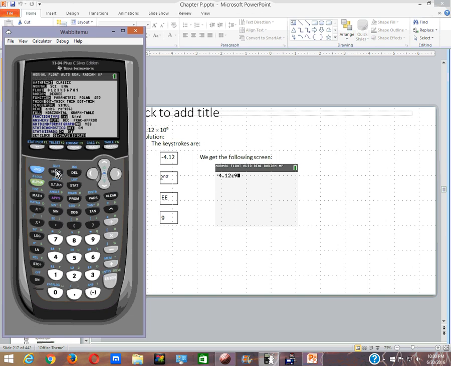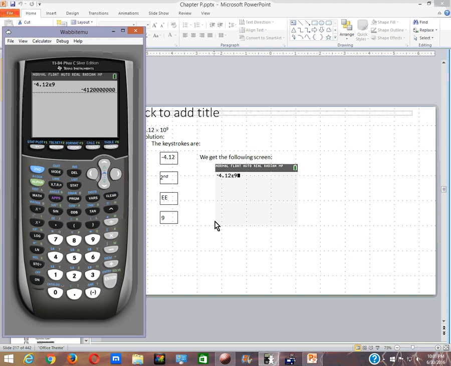So negative 4.12, second EE, 9. Now, if you press enter, it gives it to you in standard form. It just doesn't put the commas.